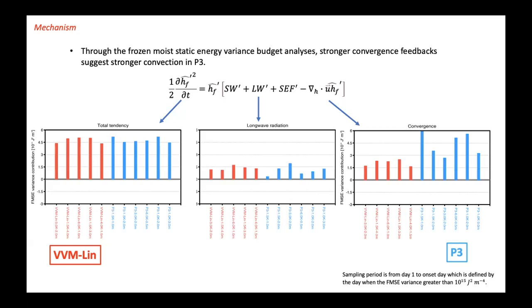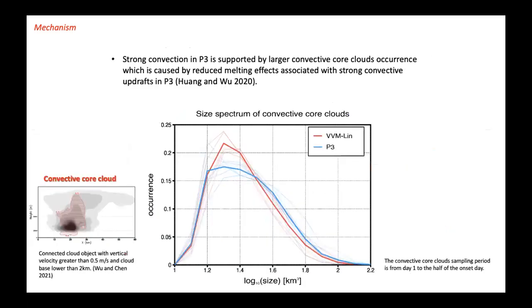To support our hypothesis, we calculate the convective core clouds, which are defined by the convective cloud object with vertical velocity greater than 0.5 meters per second and a cloud base below 2 kilometers. Basically, we want to identify convective cores in the convective systems. By calculating the probability distribution of the convective core clouds, we can see that the P3 microphysics tends to have larger convective core cloud occurrence compared to the VVM Lin.